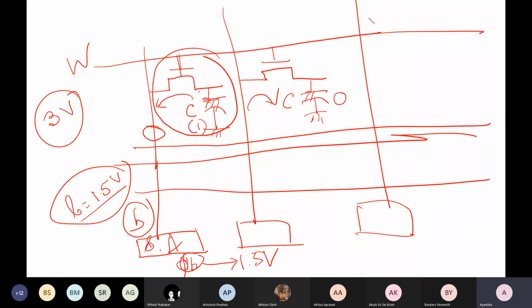Due to this difference, the sense amplifier can sense that there is a change between these voltages, whether there is a drop, a charging or discharging. Based on that, it can read what was the bit stored before in this DRAM cell. So this is the basic strategy of how reading of one bit is possible from this DRAM cell.